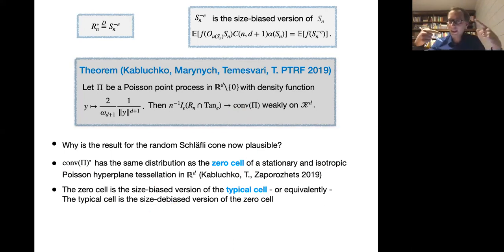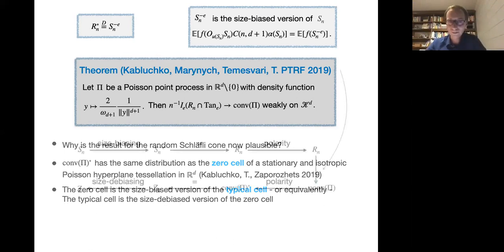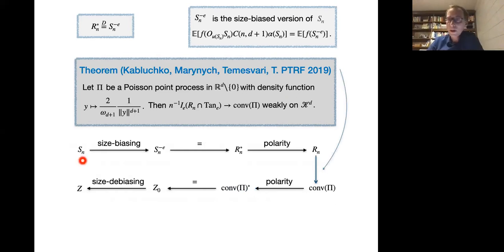So up to polarity and size biasing and de-biasing, you have the following diagram. We want to say something about Sn. You do size biasing, you end up with these South Pole cones. They are equal in distribution to the duals or the polars of these half sphere cones.